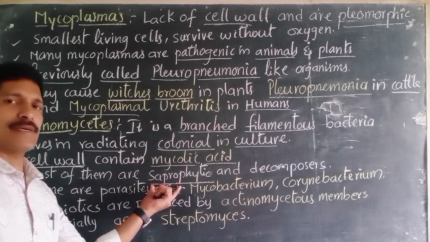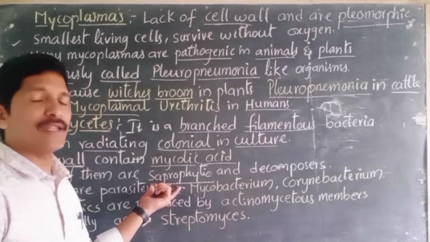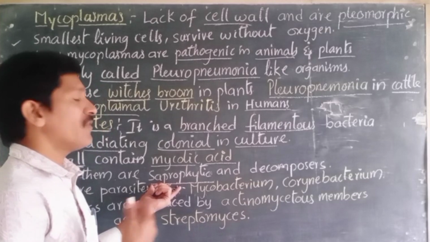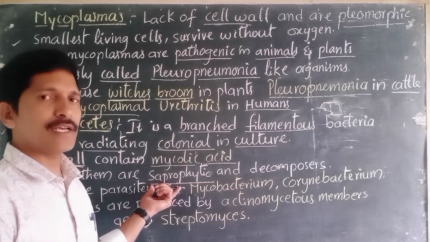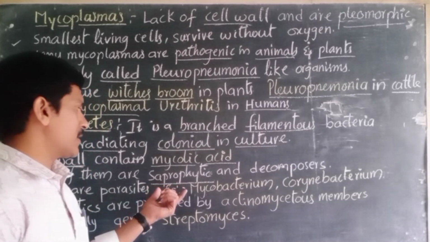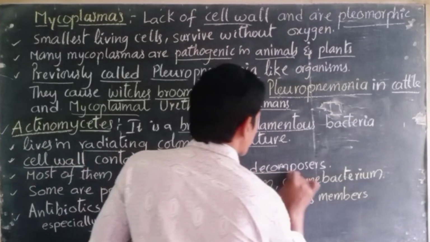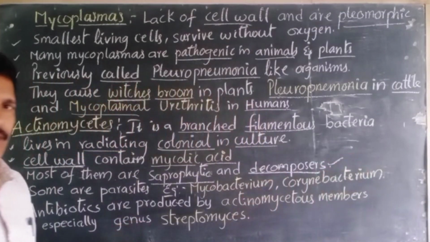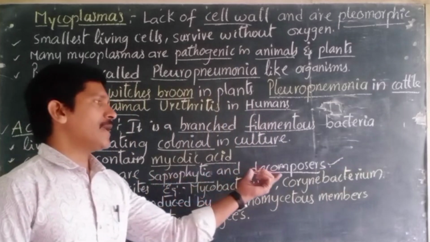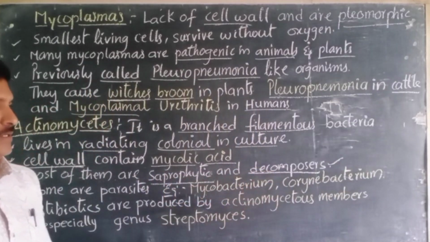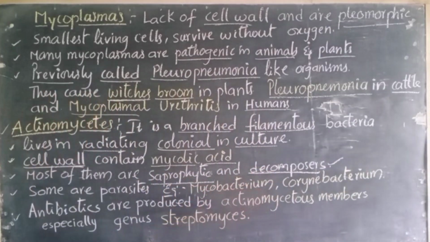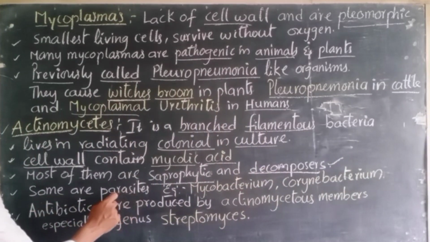Saprophytic means organisms which obtain food material from dead and decaying matter, like fungal organisms. These are also called decomposers. We know that, right? That point is already written on the board. Saprophytic, and they are decomposers. Later, some are parasites.